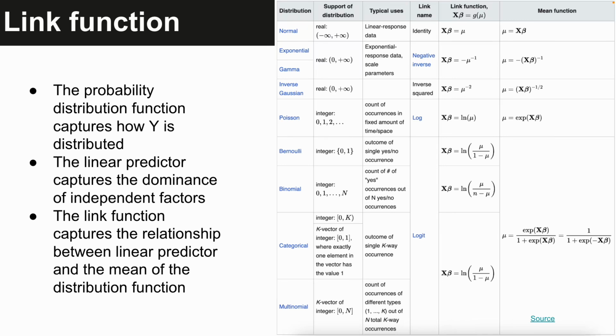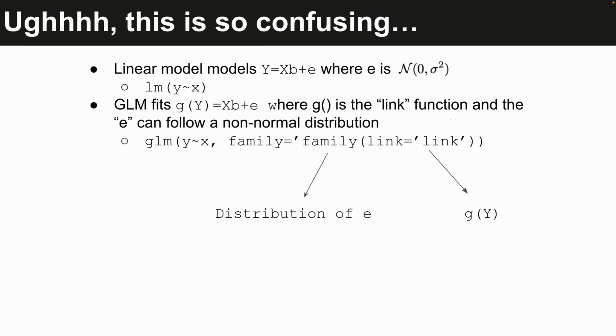Any questions so far? Okay, I know it's very confusing, right? We're not getting any intuition on how to very simply understand what we're doing. So the linear model is this, right? X beta plus E is your linear model, where we assume that E follows a normal distribution, and because of this, lm just tries to model the mean of y as a function of x beta, which is going to be normal.